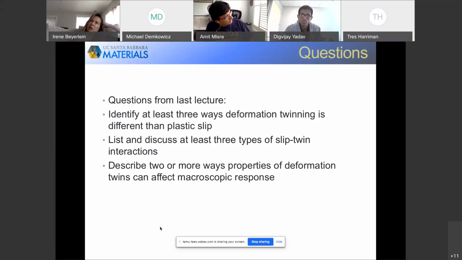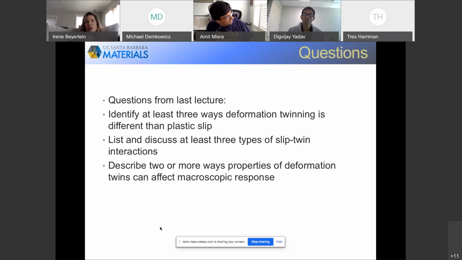When you alloy a metal, you can alloy it so that C plus A slip becomes easy. Let's say Ti-64 is an example of this, or Ti-7 aluminum. The pyramidal slip in that case is so much easier that you don't see twinning in that sense.